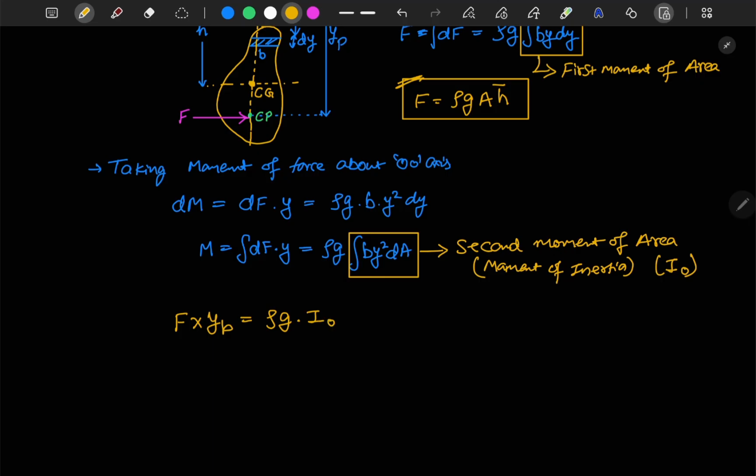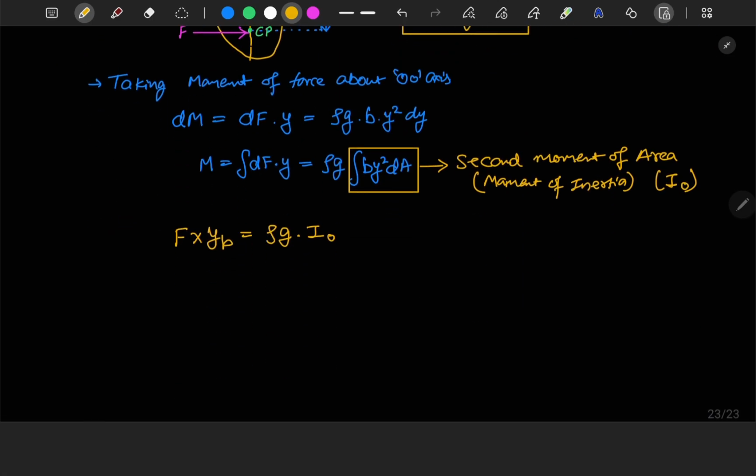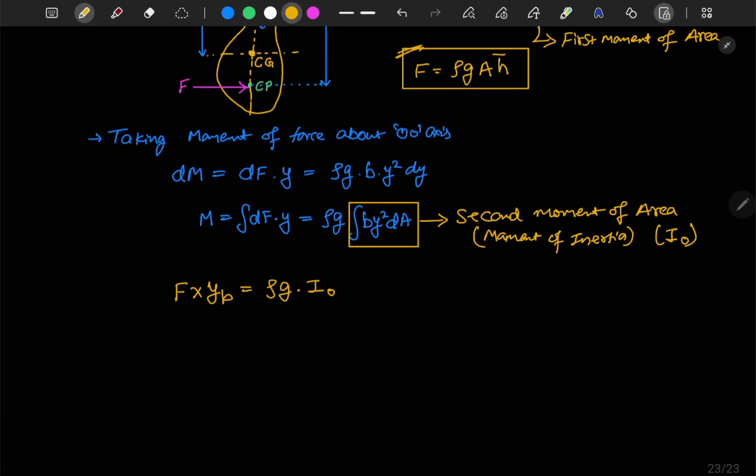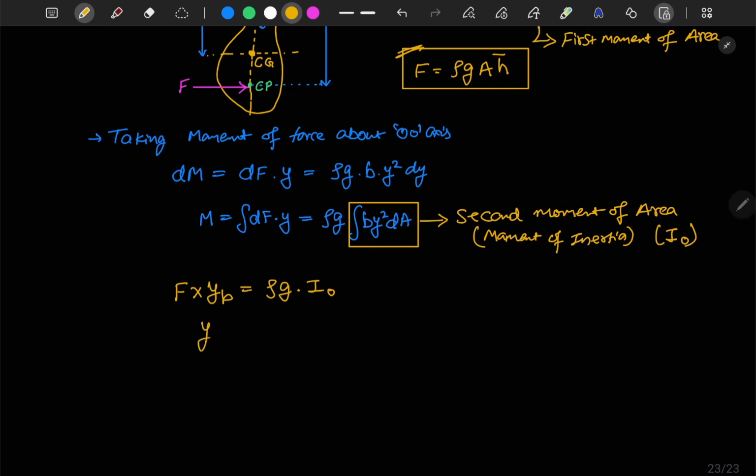Okay, and I naught is your moment of inertia about this free surface of the body. Okay, so from here I can obtain my value of Yp. If I substitute F is equal to rho g A h bar here, I will obtain Yp is equal to I naught upon A h bar.